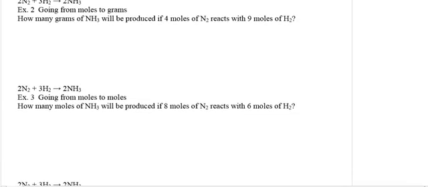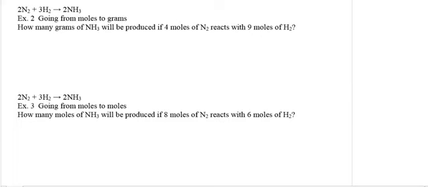All right, so if you look at the second example, we're taking the same reaction, and now in this situation, we have 4 moles of nitrogen. So underline that, 9 moles of hydrogen, and we're looking for grams of ammonia. Whereas the previous example required step 1, this one does not. So this one only requires steps 2, 3, and 4. 2 and 3 are always required for stoich.